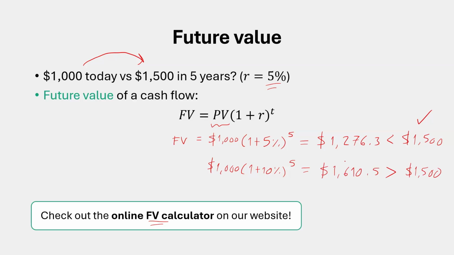So actually receiving 1,000 today is the better choice, because it will grow fast and it will exceed 1,500 in 5 years' time. So this was the first option, where we compound a cash flow today to find this future value and then compare with the cash flow in 5 years' time.